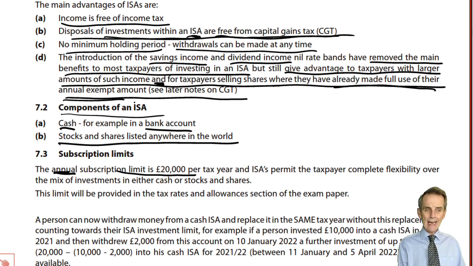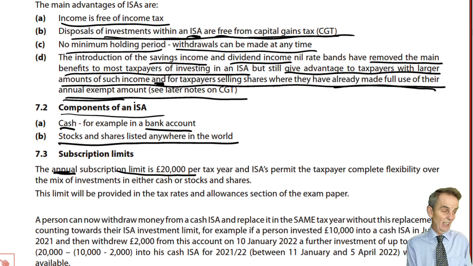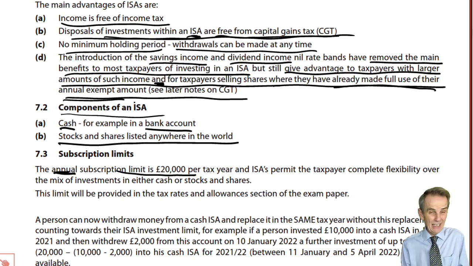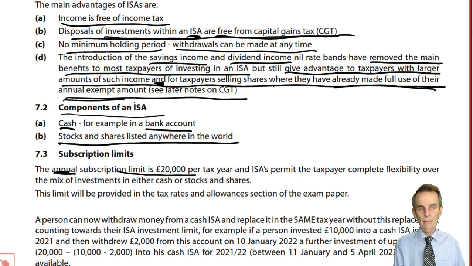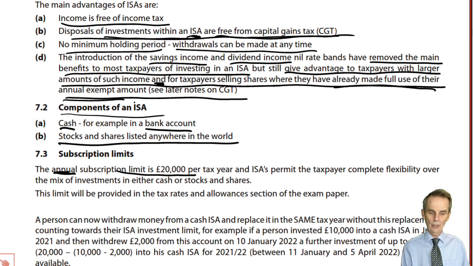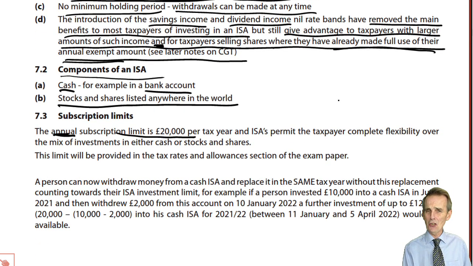So if your gains on the shares that you sold, and you didn't have any other assets, were never exceeding your annual exempt amount, then having those gains exempt doesn't really matter because they'd have been exempt anyway by the deduction of your annual exempt amount. But if you're going above that, again for holders of far bigger shareholdings, then again, using the ISA, it would be silly not to. If you've got that spare £20,000 each year to invest, put it in your ISA.